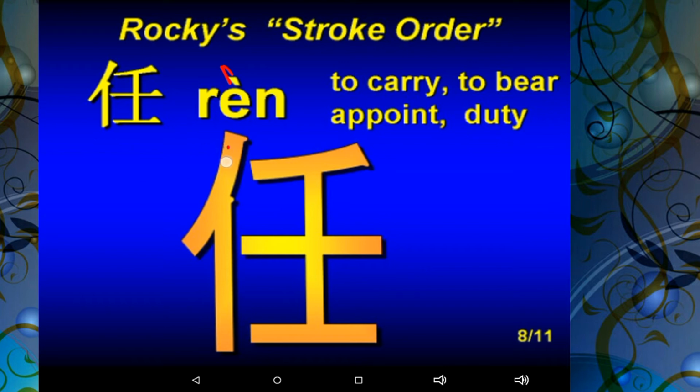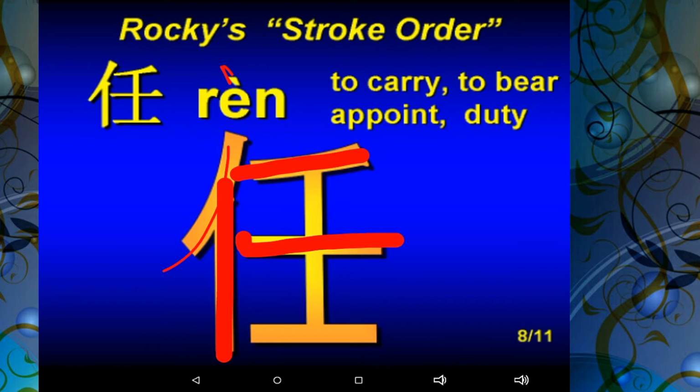So, Yi, Er, San. That goes from the top, from the right to the left. Then from the left to the right.